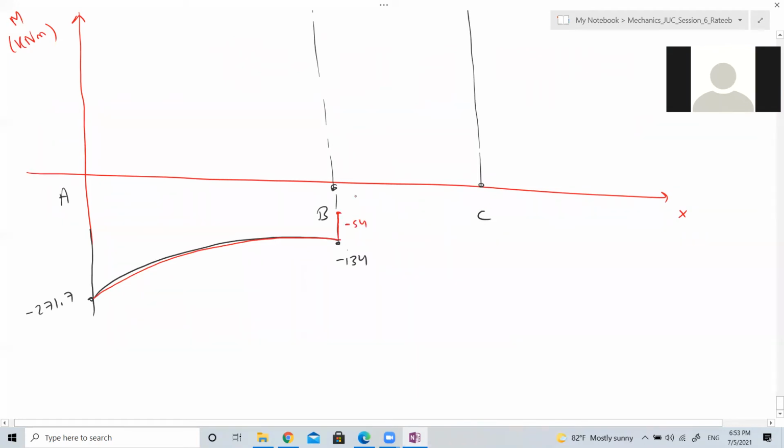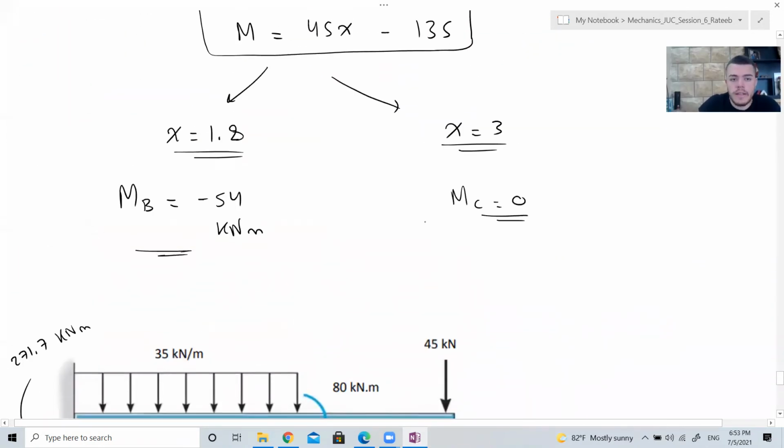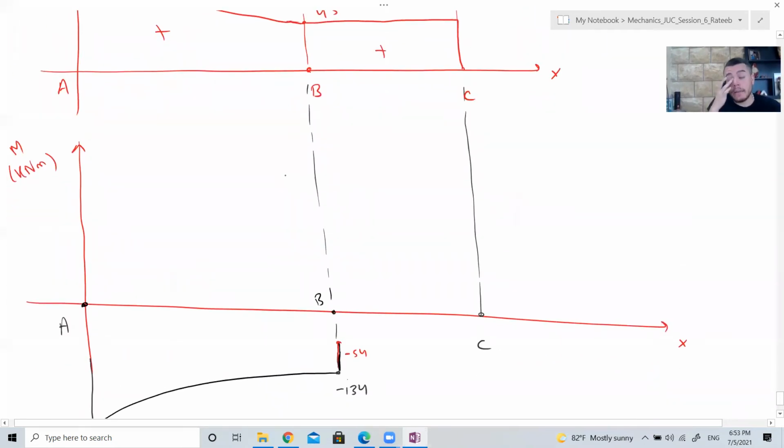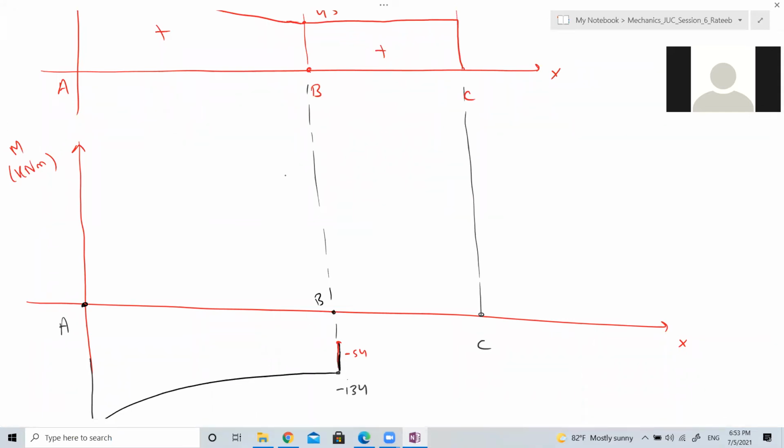How do I go from B to C? The moment at C is zero, and the moment here is minus 54. What should I do? How will I go from B to C?